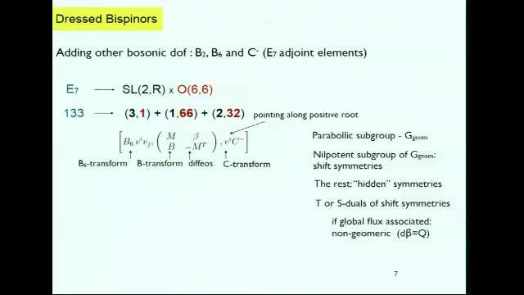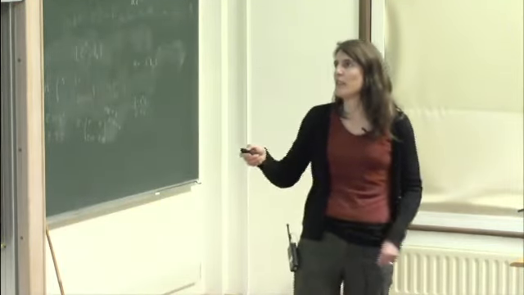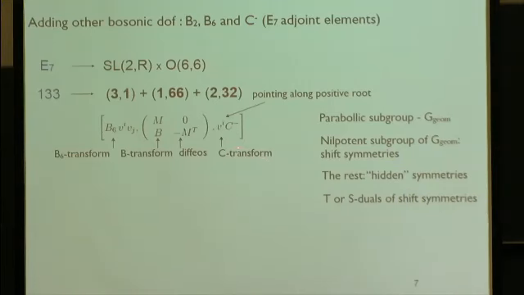So out of these 133 elements, going back, we have the diffeomorphisms, the B2, the B6, the C field, and then all the rest that is not here are these hidden symmetries. So here, for example, I have a sum of all forms pointing along the positive root, pointing along the negative root, the doublet of this. There's a sum of odd multi-vectors, and these play the same role as the beta transformation plays in generalized geometry.